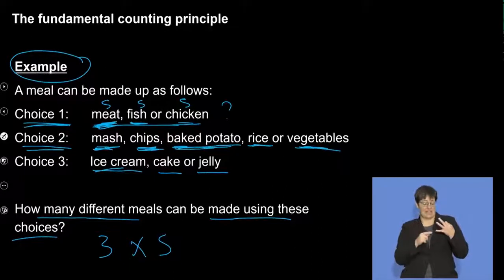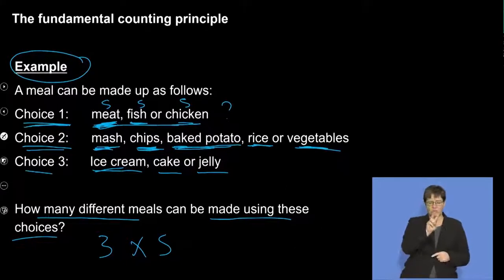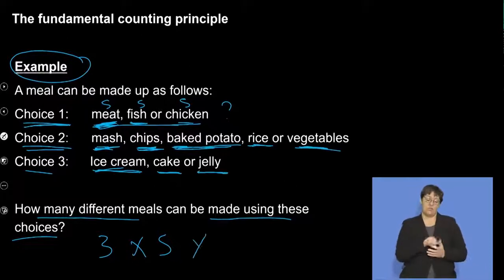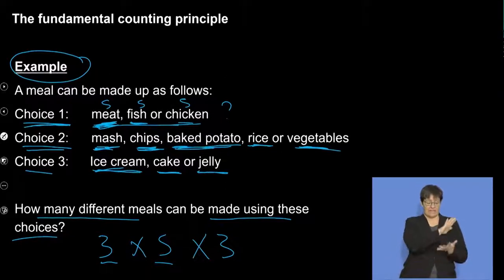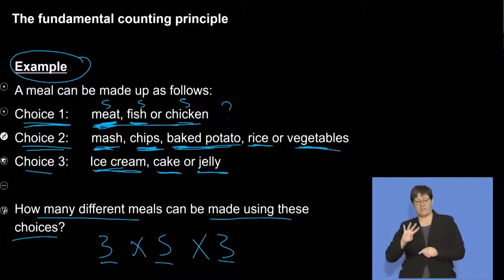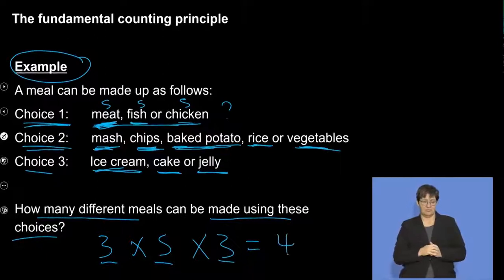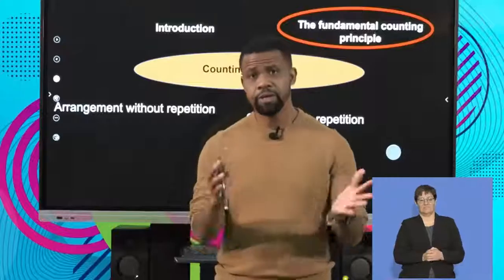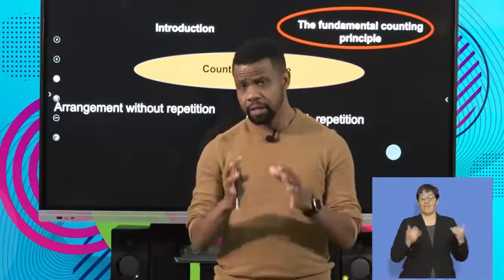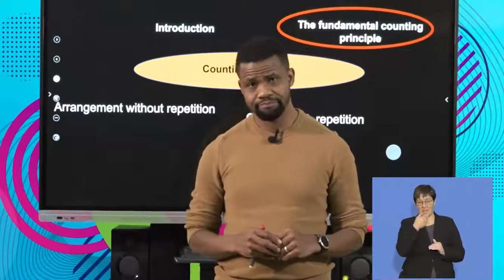And choice 3, we can take ice cream, cake, or jelly. So we have 3 choices. And we multiply that. 3 times 5 is 15. 15 times 3, we have 45 choices. So what we did is choice 1 times choice 2 times choice 3. Okay, so we'll end from here, and we'll see you shortly.